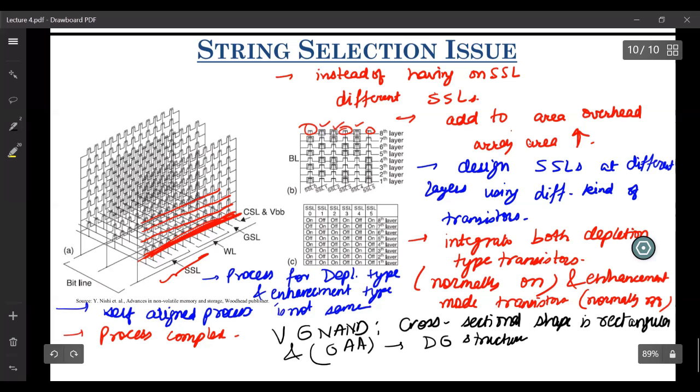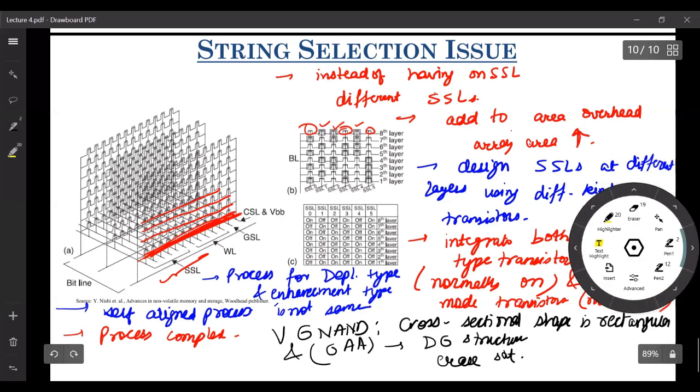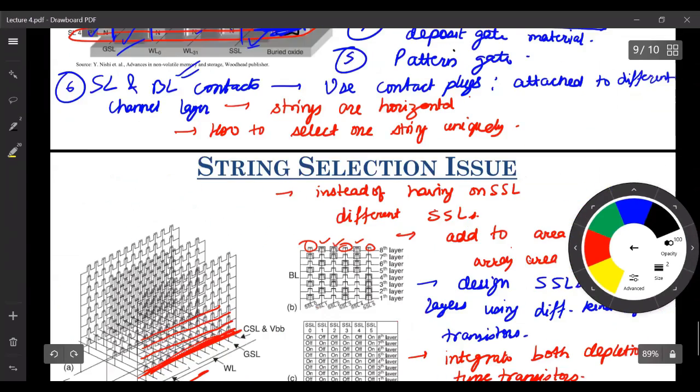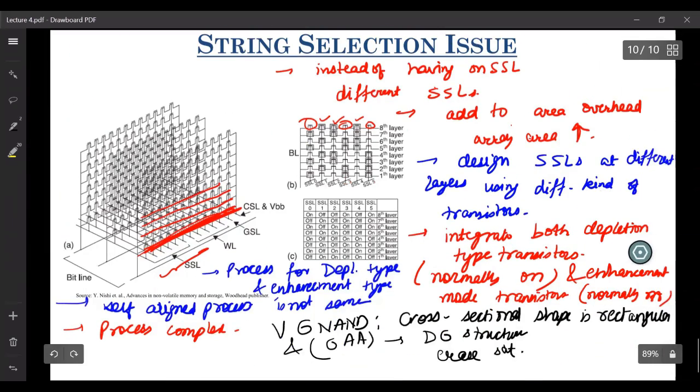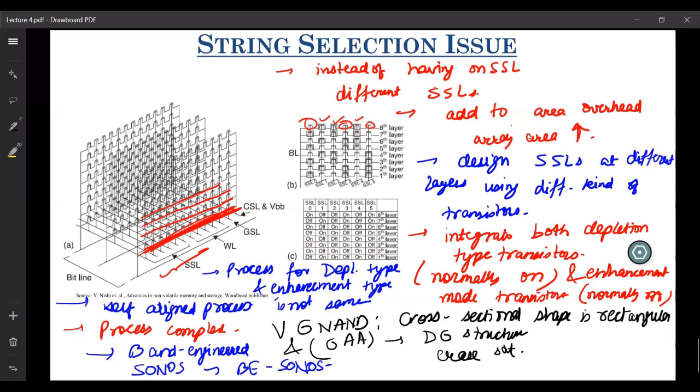Because of this, erase saturation can happen. To remove that erase saturation, instead of using a usual SONOS memory, people use a band gap or band engineered SONOS. So they use a BE-SONOS stack for this VNAND.